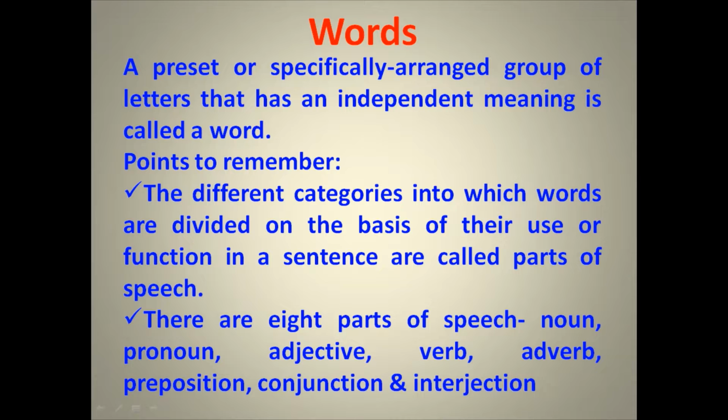So it is one of the basic components of a sentence. Words are the basic components of a sentence. In short, a specifically arranged group of letters which has an independent meaning is called a word.